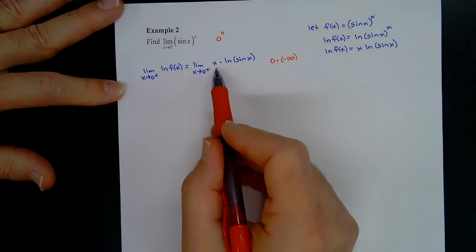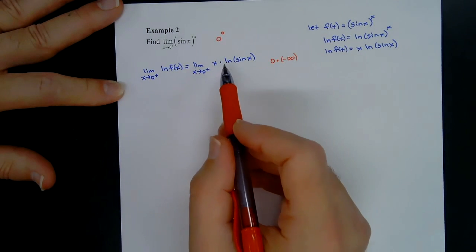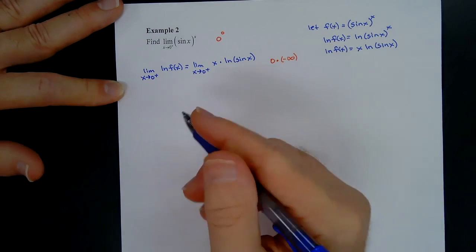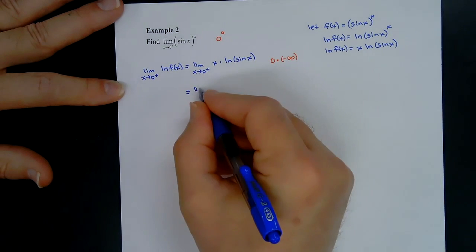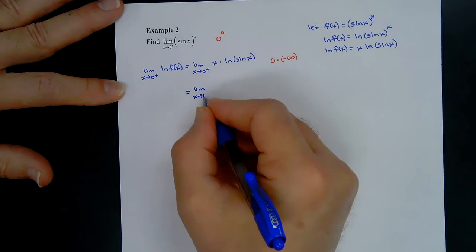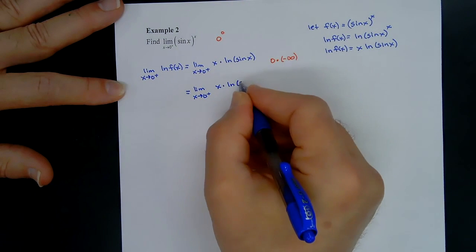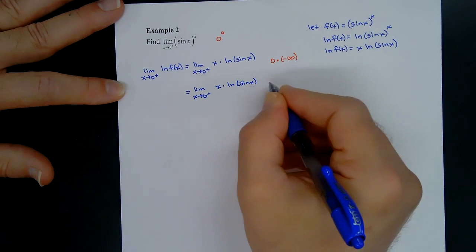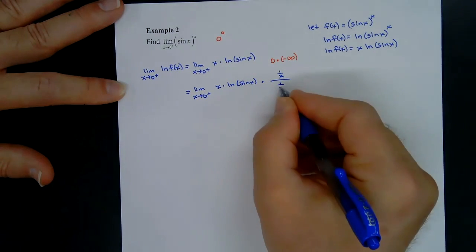So the way we're going to fix this is we're going to multiply by 1 over x over 1 over x. So this limit becomes the limit as x approaches 0 from the right of x times ln of sine of x times 1 over x over 1 over x.